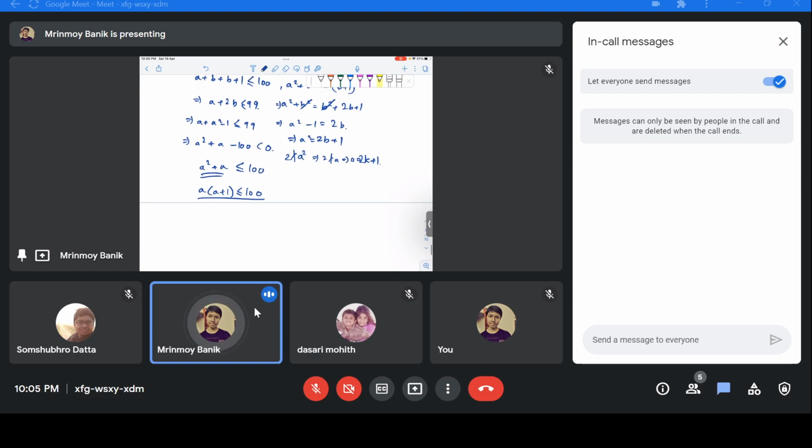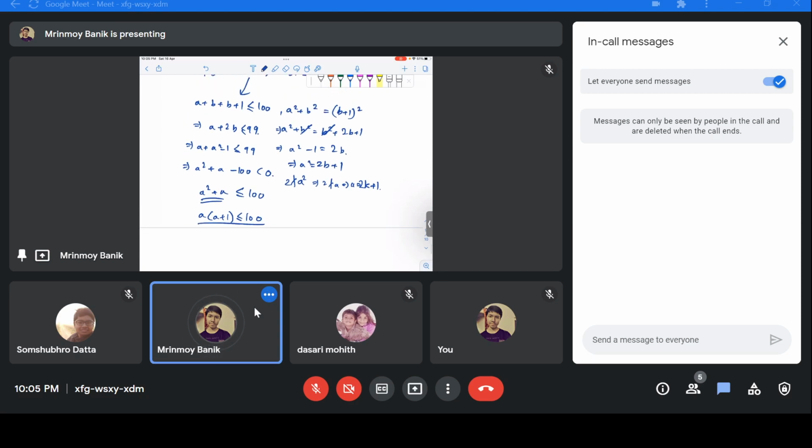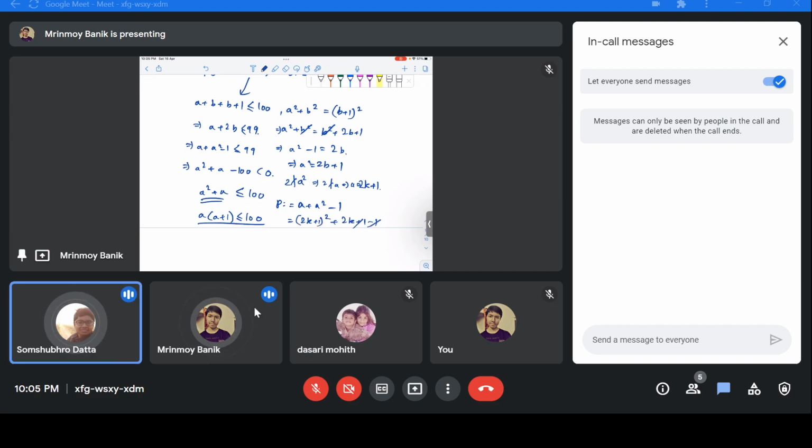If a is 2k plus 1, we have the whole perimeter as a plus a squared minus 1. This is the perimeter. So it is 2k plus 1 squared, 2k plus 1 minus 1.